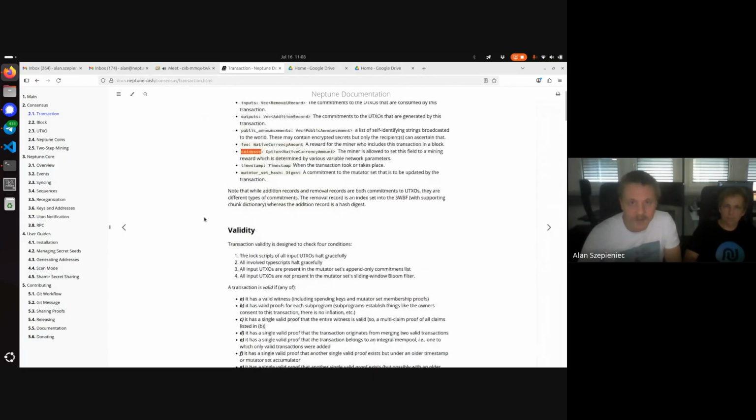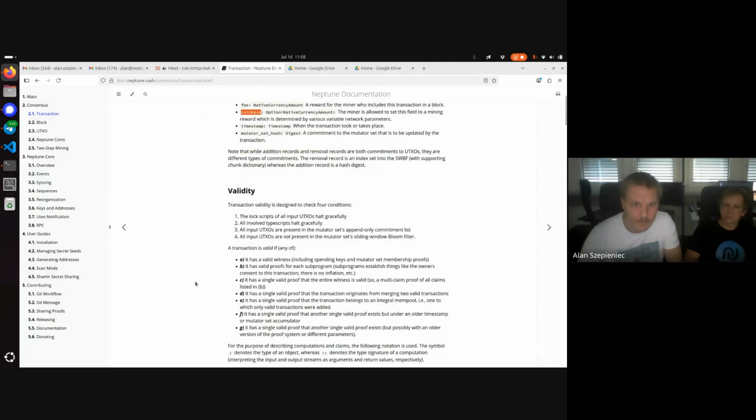Getting to that, how is validity defined for a transaction? Well, for starters, we want to have a single valid proof, which needs to establish balancedness, needs to establish that the owners assent to the funds that are being expended, and so on. And we can and do have a single proof to that effect, but it is unfortunately rather expensive to produce.